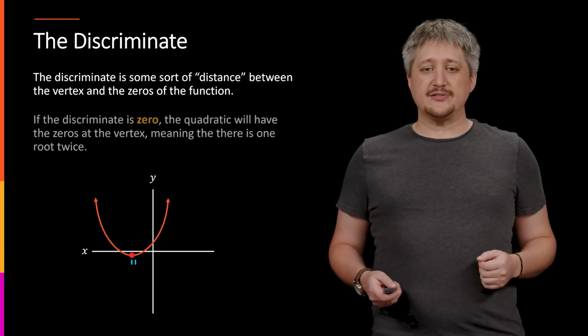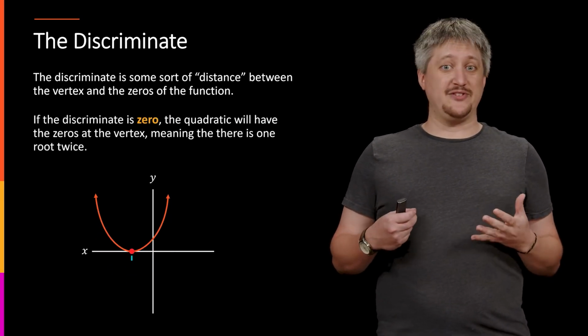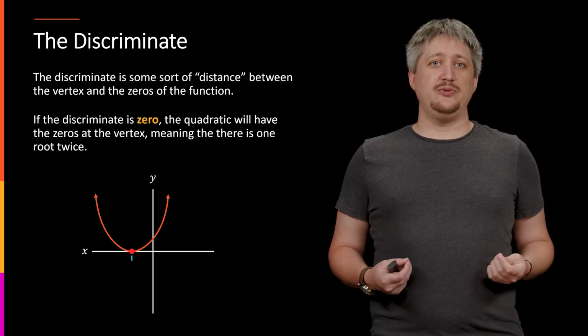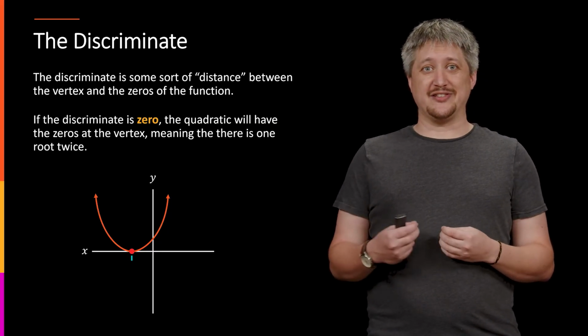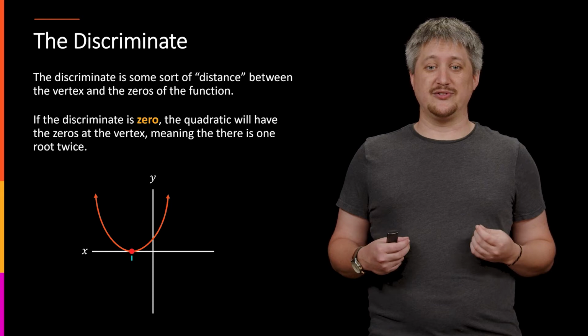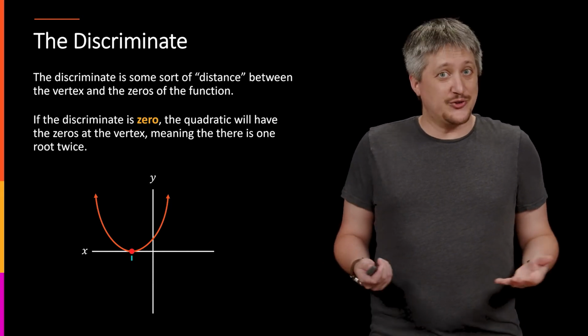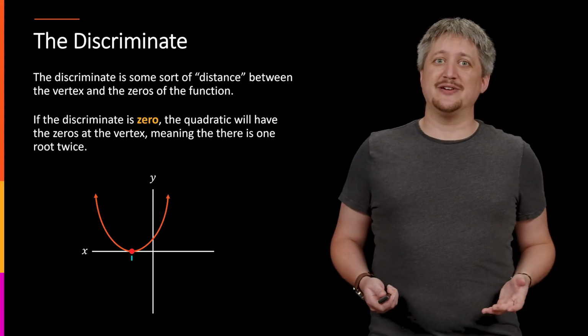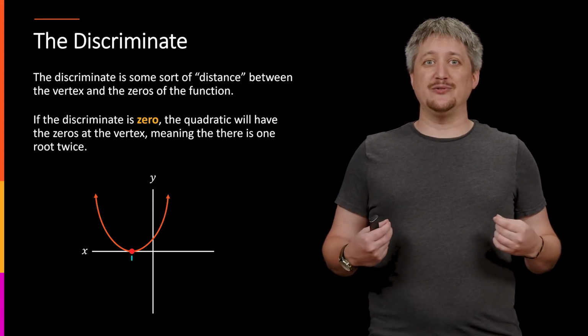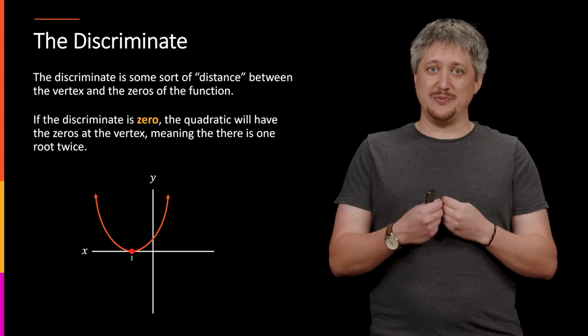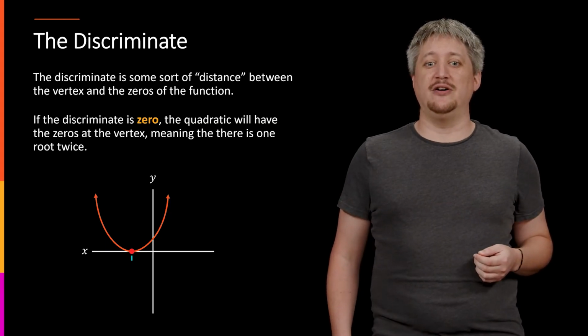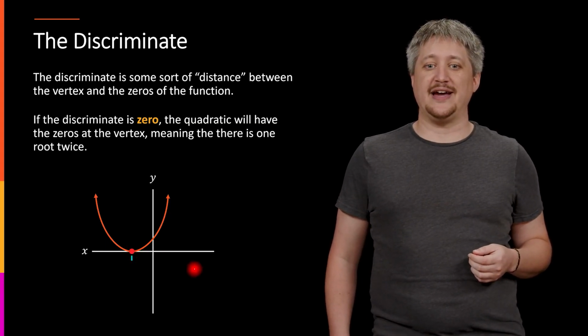Now, in contrast, if the discriminant happens to be 0, well, it tells you that you go 0 distance left and right to find the zeros from your vertex. But if you're going 0 distance from the vertex, you're staying at the vertex. You can go anywhere, right? So that means that both zeros are the vertex, which means that the vertex has to be on that line somewhere, on the x-axis somewhere.